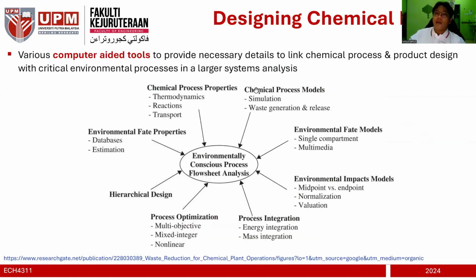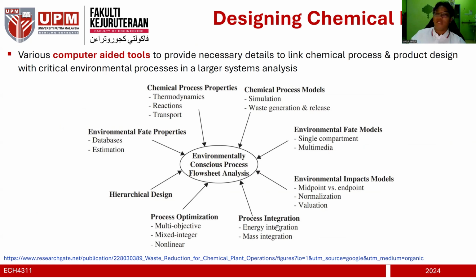So yeah, when you want to design a chemical process, there are a lot of things to consider. Fortunately, we have a lot of computer-aided tools to help us out. Again, AutoCAD P&ID, AutoCAD Plant 3D. You have process simulators, a lot of things. So, in order for you to create an environmentally conscious process flowsheet analysis, you have to consider a lot of things.